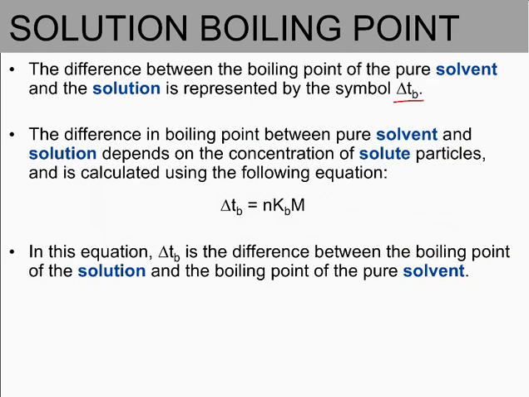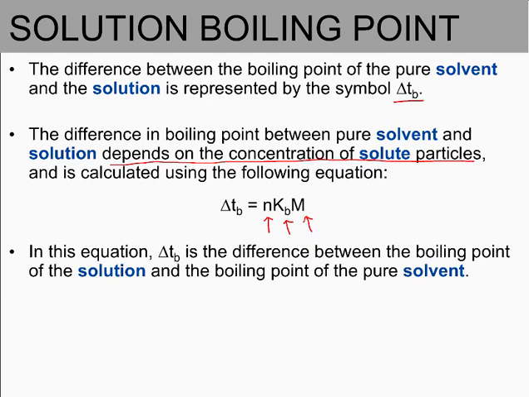And again, we're comparing the pure solvent to the solution. So the difference in boiling point between pure solvent and solution depends on the concentration of solute particles. So delta TB is equal to a value N, a constant Kb, and the concentration M.